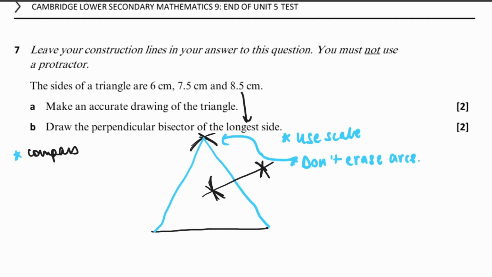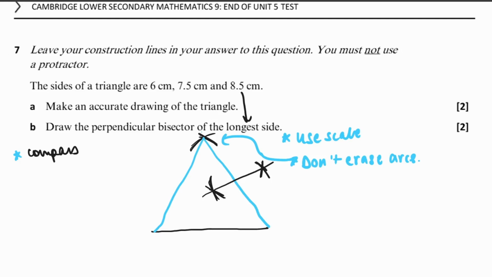So I'm taking 5. From one end I'll make a 5 centimeter arc, top and below the line, and from the other end, I'll do the same. Then the point at which these two arcs intersect, I'm going to draw a straight line through. And that would be the perpendicular bisector of the longest side.